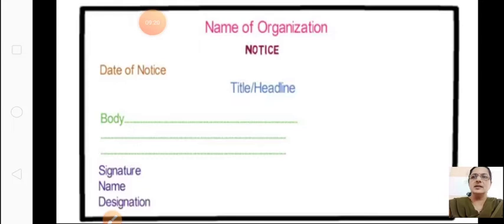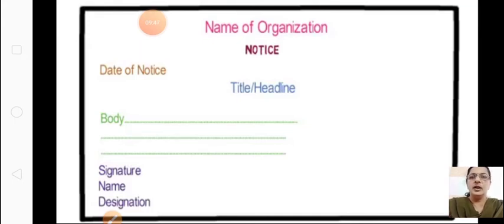See, this is the format of a notice. First you will write your school, the name of the organization, which will be your school name. Then you will write the heading, notice. Then you will write the date of the notice. When the notice is given, that date should be written. Suppose you are writing the notice today, today's date should be written. Then the heading of that notice, what it is for, you have to write.